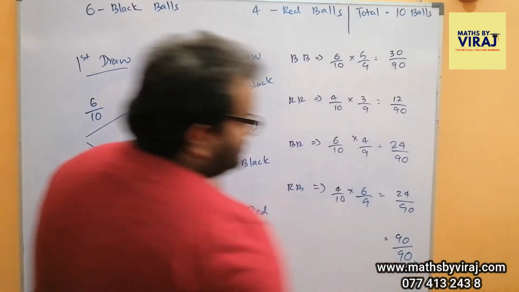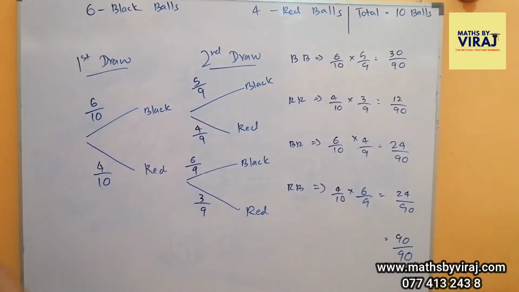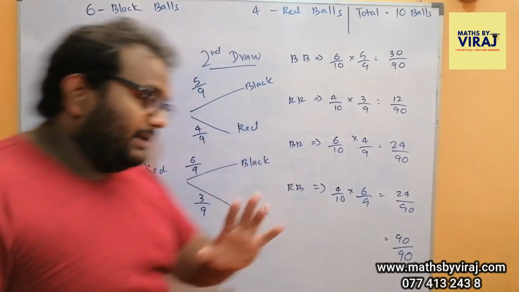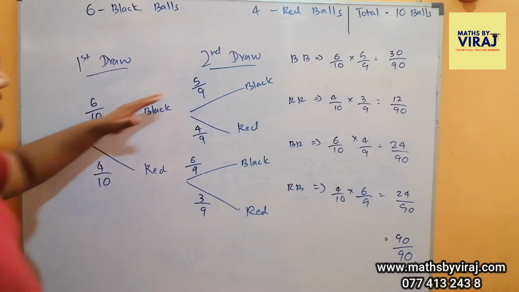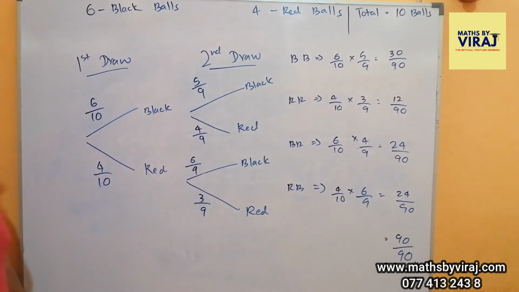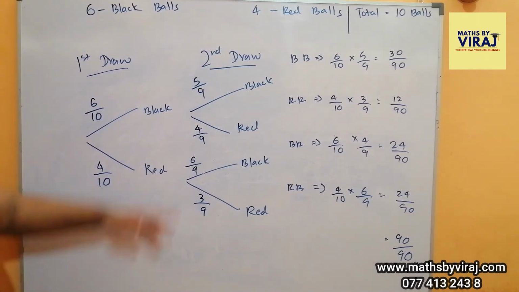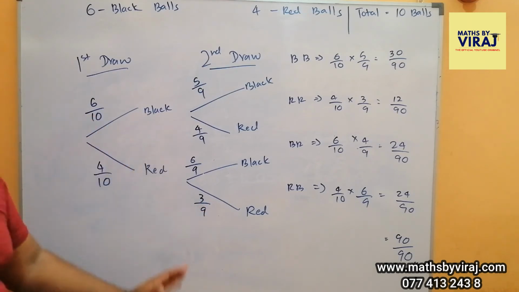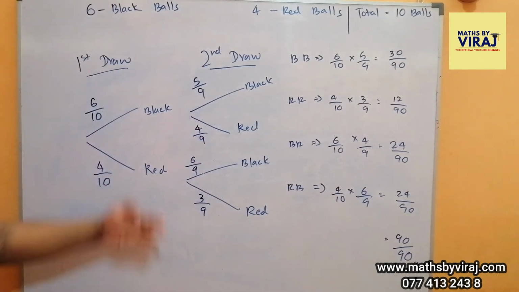So now you see that when all the probabilities add up, they add up to 1. Remember again, along the branches you multiply. Black, black, 6 over 10 into 5 over 9, which is 30 over 90. Red, red, 4 over 10 into 3 over 9, 12 over 90, and so on.